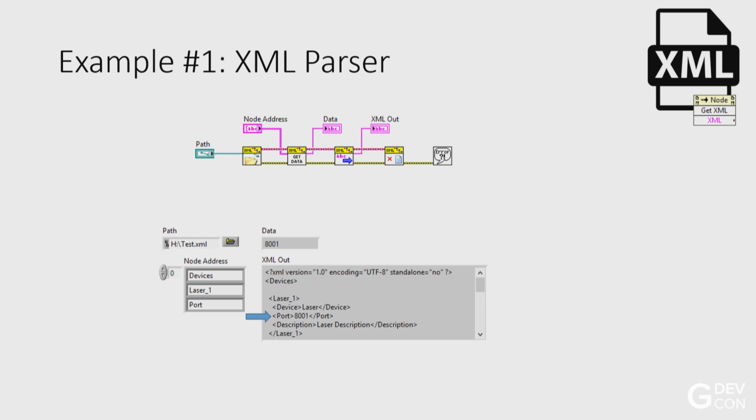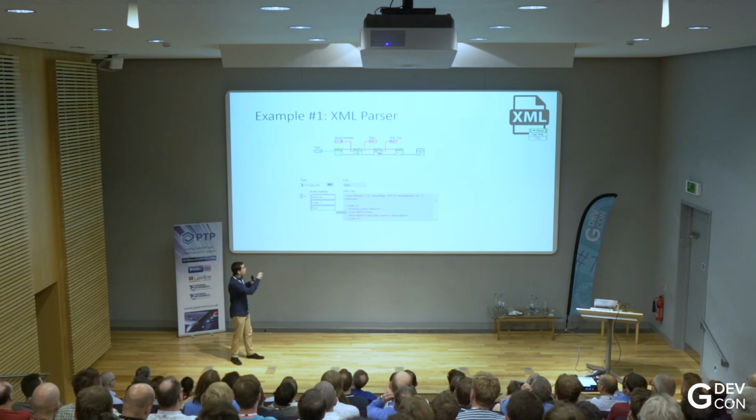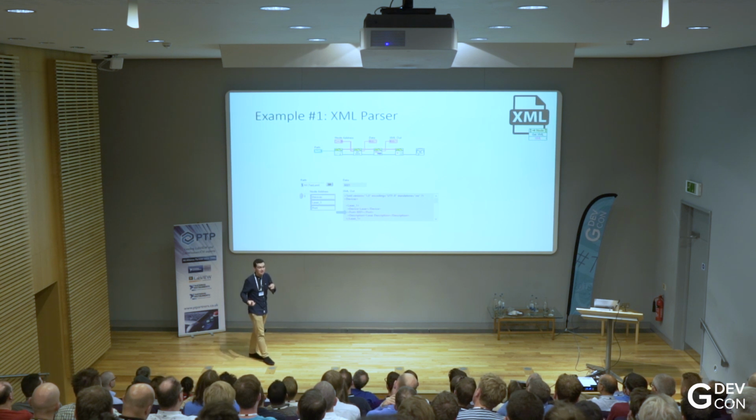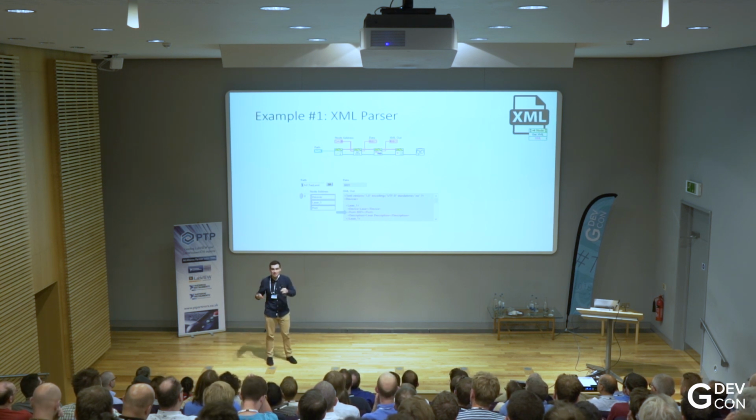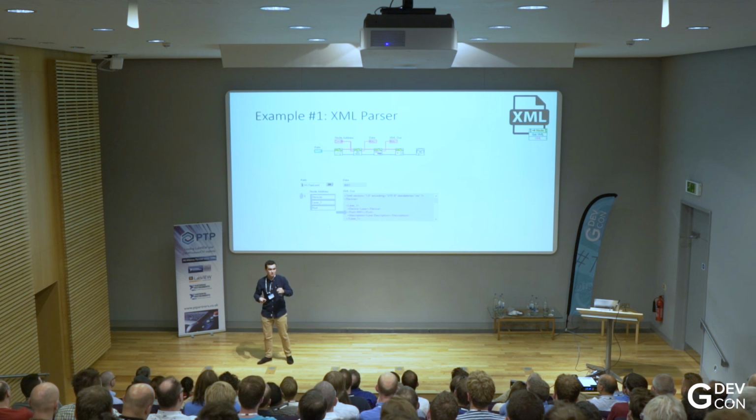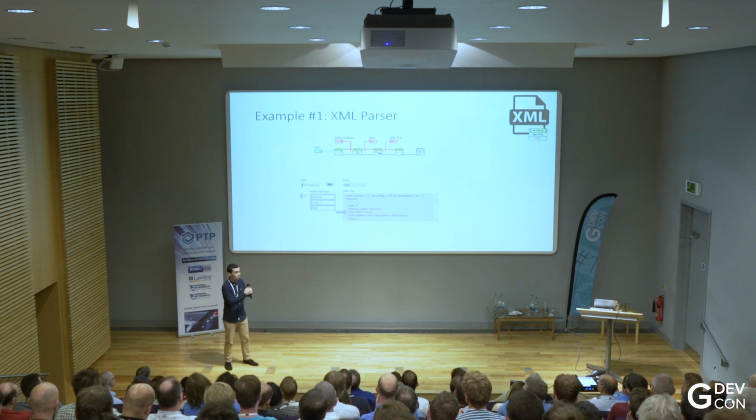Here I'm just outputting the entire XML file, and then close that file and check for any errors. So these 4 items can replace the hundreds of invoke nodes that you would have to use without this API.